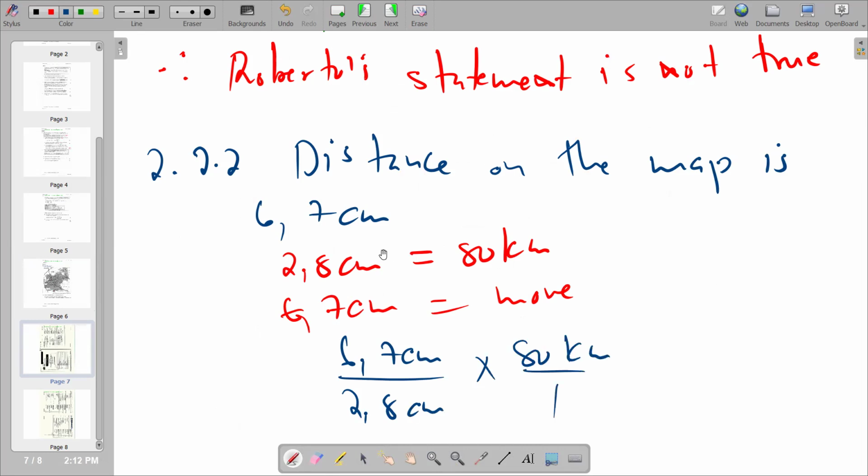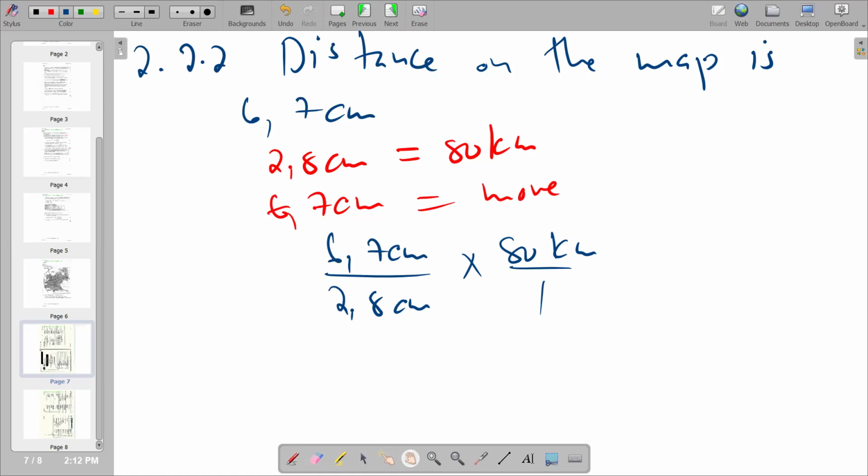So we're going to get 191.43 kilometers. So that becomes your answer.